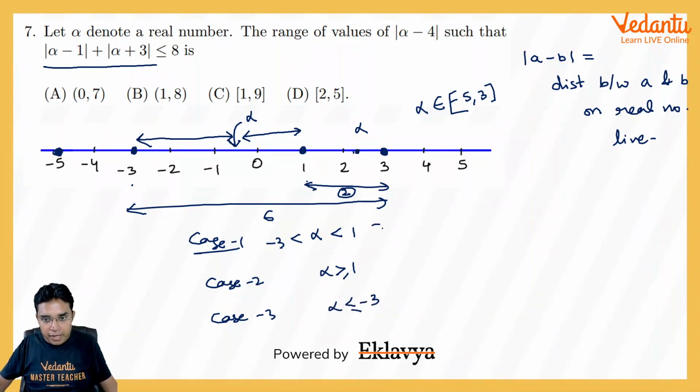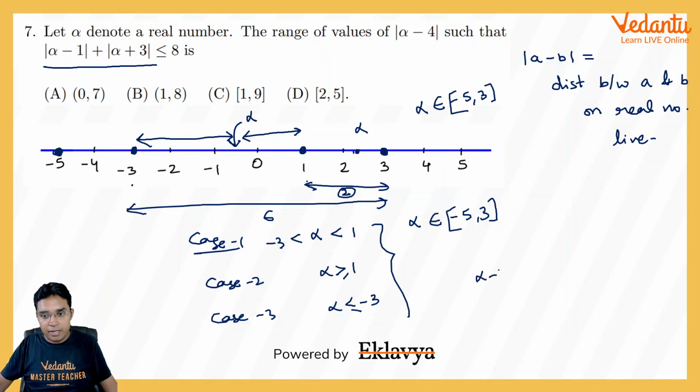And you can find by our usual way, my answer for alpha will also come out to be minus 5 comma 3. In fact, there is one more way of doing the same thing. We make the graph of mod of alpha minus 1 and mod of alpha plus 3. Then also we can do it. Now, any way you do it, your alpha is going to be minus 5 to 3.